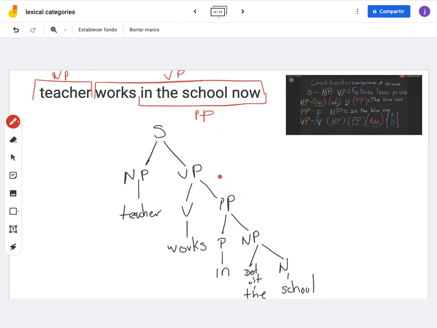It's the same, but now we put another line that contains this part that is an adverb. Okay, so we put adverb or ADV, and we put another line down, and we write the word now.